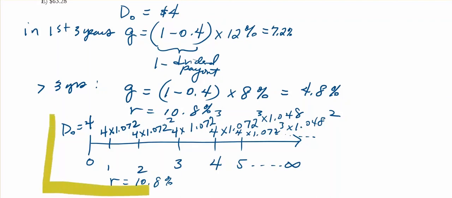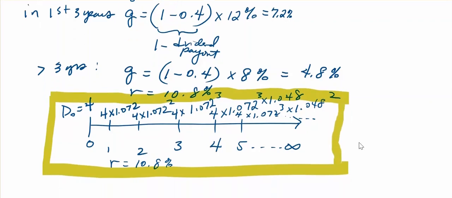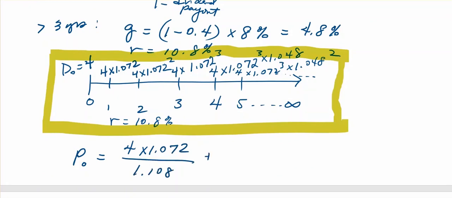So this here, put a clear mark around the timeline. So we're going to use this timeline. So year 1 dividend, first dividend, discounting at 10.8%.